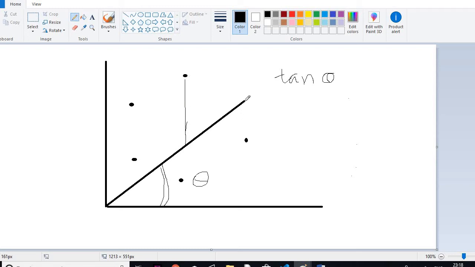When we come to this point, the predicted value minus actual value is positive. Here it is positive because the predicted value is higher than the actual value. Here it is negative because the actual value is higher than the predicted value.